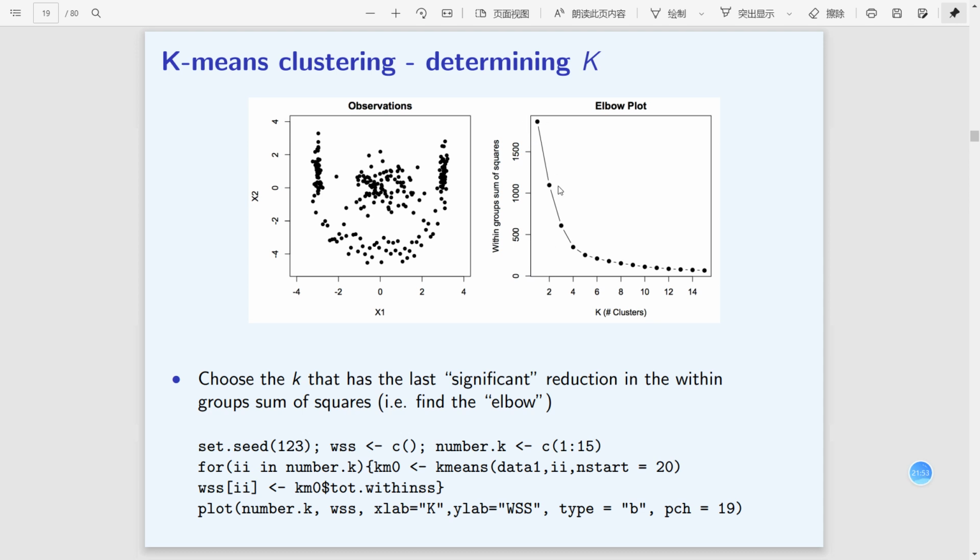So from 2, we can see that it's decreasing. Choose the K after which there is no significant reduction in within-group sum of squares. Which means we choose the smallest number K which achieves the smallest distance within classes and makes the largest distance between classes.